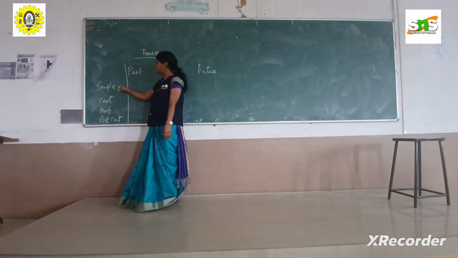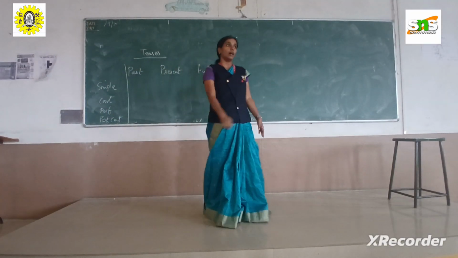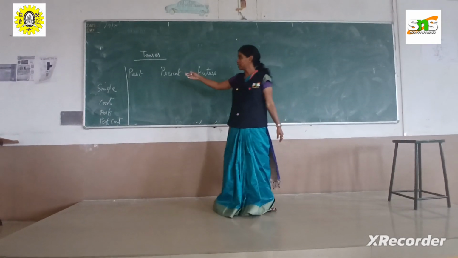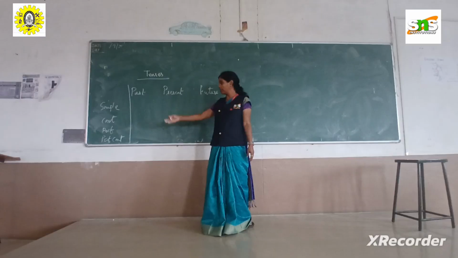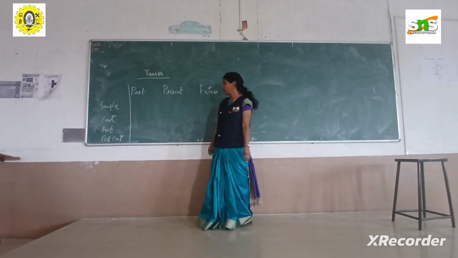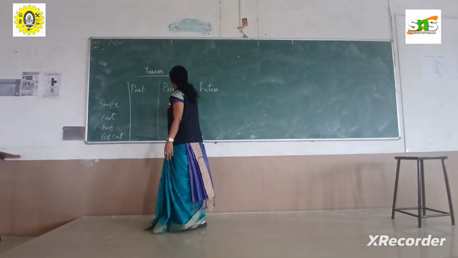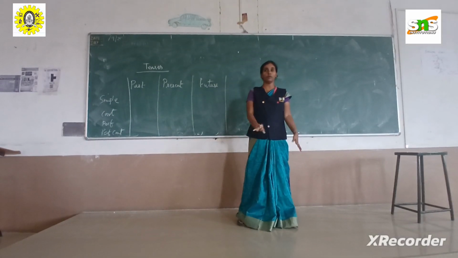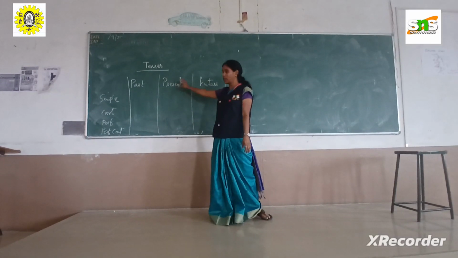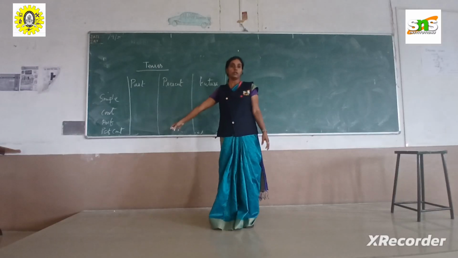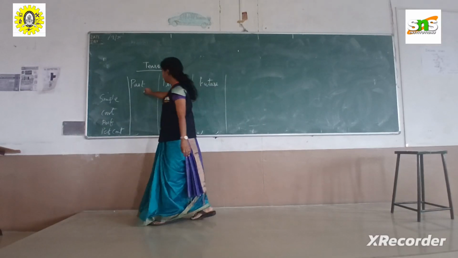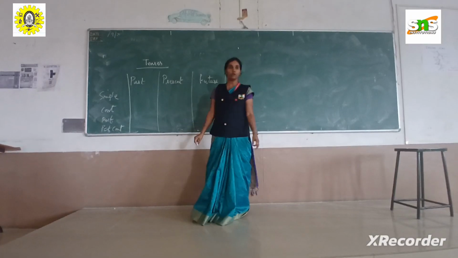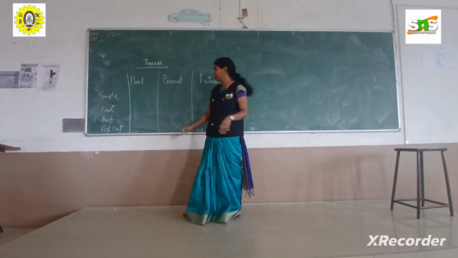So to start with simple tense, yesterday we discussed what verbs we use in simple, continuous, perfect and perfect continuous. So today we will see how to frame sentences and what verb forms we particularly use in the four forms. So taking simple past, present and future, we will be using only the base verb.